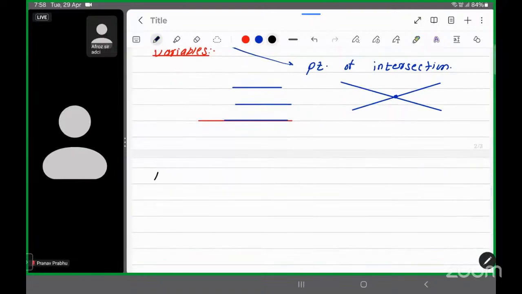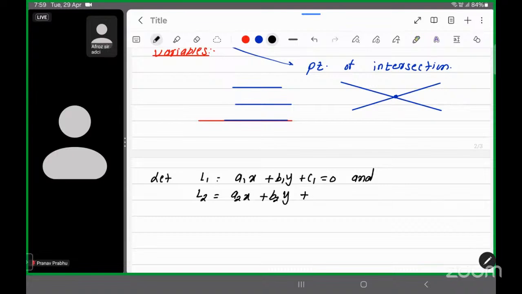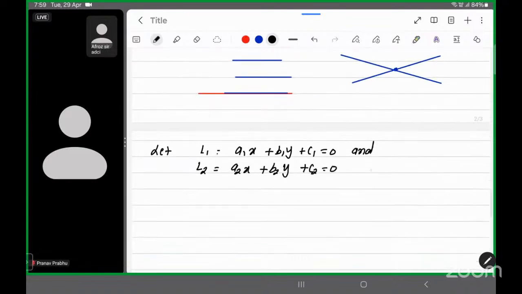First, let L1: a1x plus b1y plus c1 equals 0 and L2: a2x plus b2y plus c2 equals 0. The first case is a unique solution, if a1 by a2 is not equal to b1 by b2.